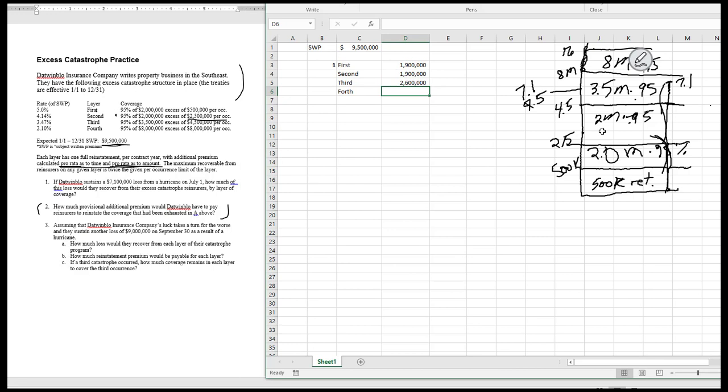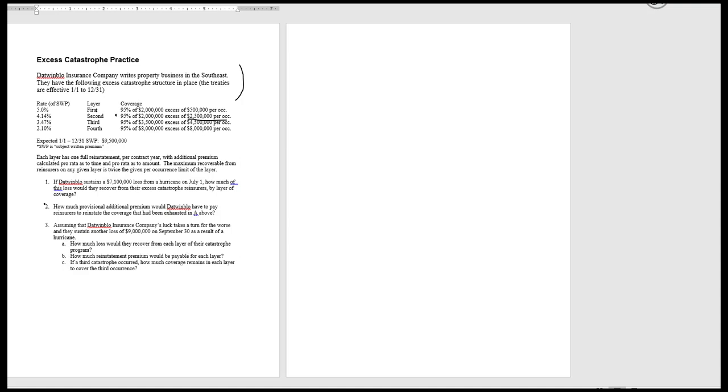But again, remember that we're only getting 95%, so we have to take that number and multiply it by 0.95. So our actual recovery is 2,470,000 from the third layer. The loss does not even go into the fourth layer, so we know that's just going to be 0. And that's the answer to the first question here. Now let's look at the second question.